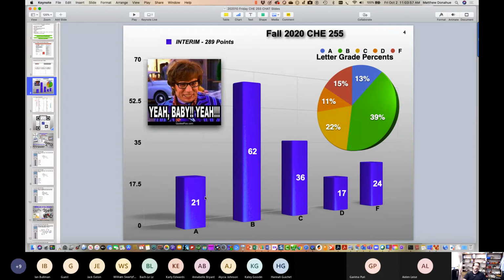If the semester were to end right now, 21 people would get A's, 62 would get B's, 36 would get C's, 17 would get D's, and 24 would get F's. That's the actual letter grades. The percentages, with all of these numbers divided by 160: 13% for A, 39 for B, 22 for C, 11 for D, and 15% for F.